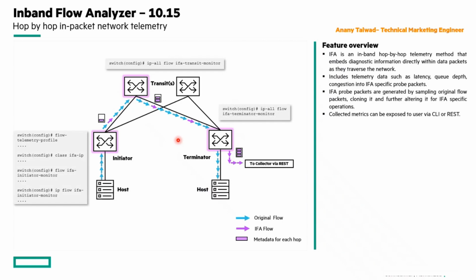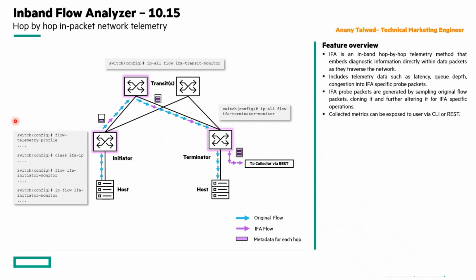Here is a bit of view of how these nodes can be configured. All the three nodes have different configurations that need to be done on each of these switches. For instance, the initiator is the point where the flow comes in first and is sampled. Plus, you can filter out the flow of your interest as well.